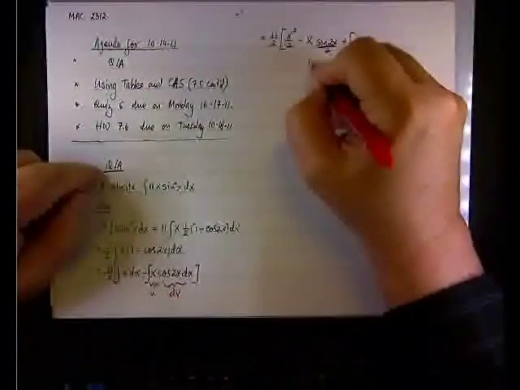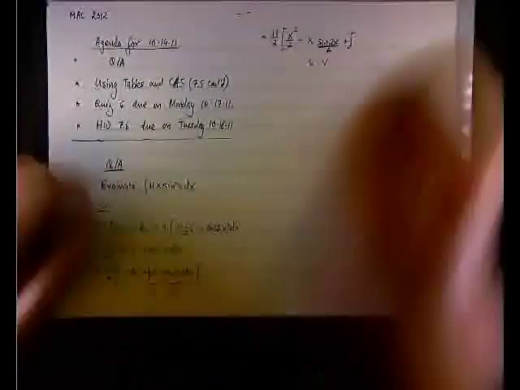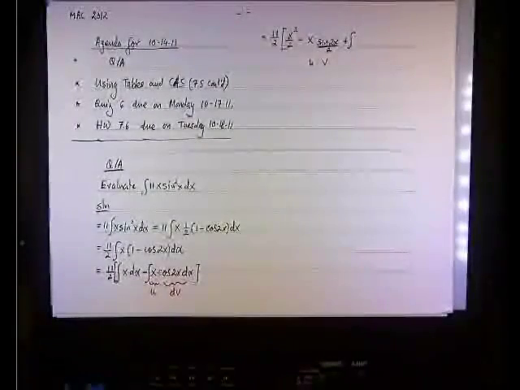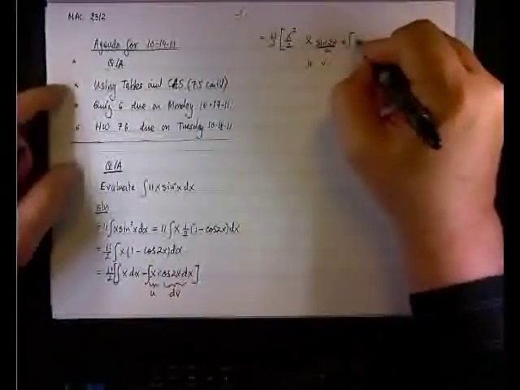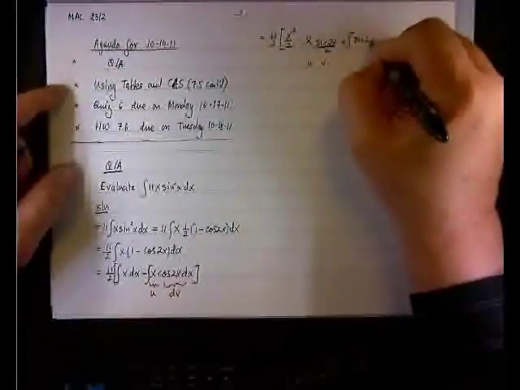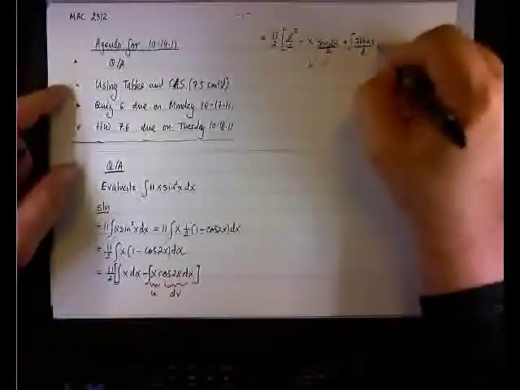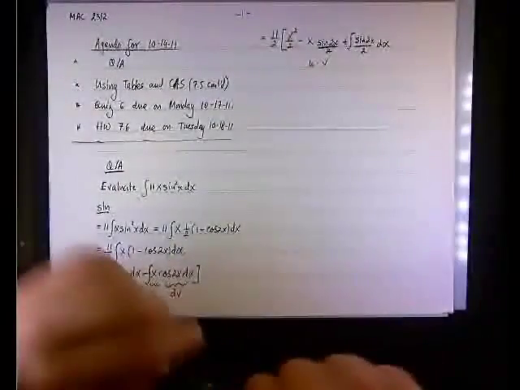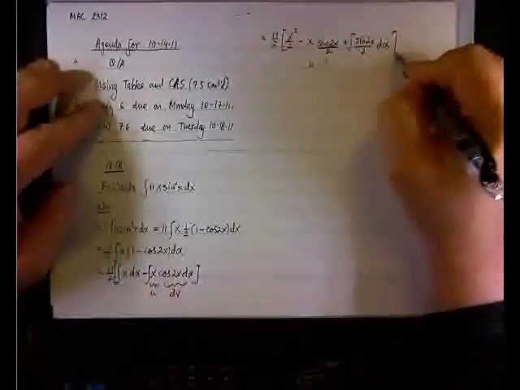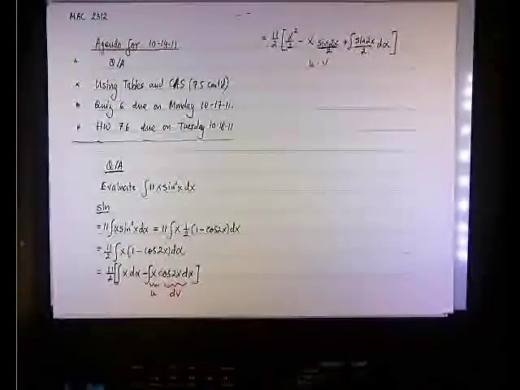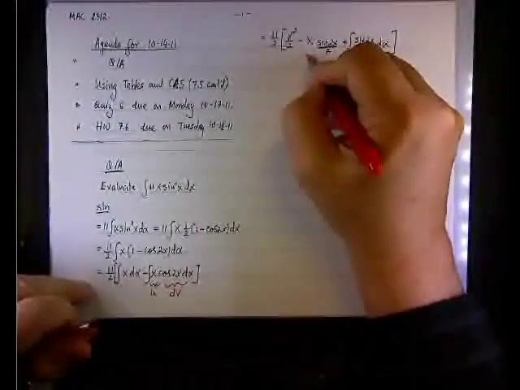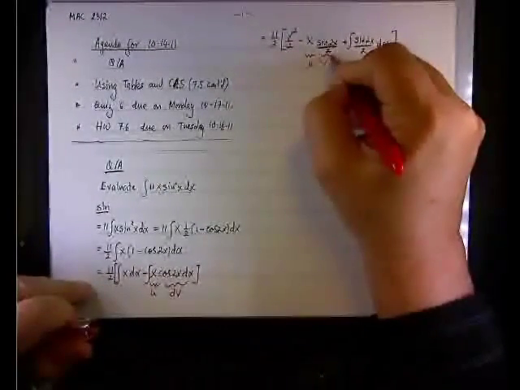So this is u times v, and now we have the integral of v du. V is sine 2x over 2, and du is simply dx. And the rest, and then we close the brackets because everything is multiplied by 11 over 2. Well, let's not leave this u and v hanging like so.